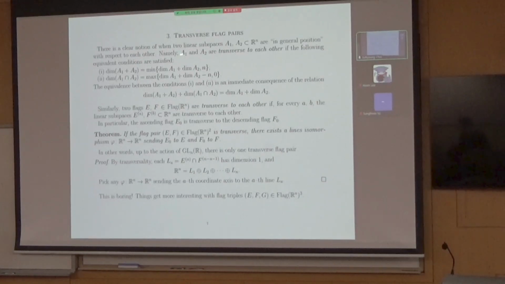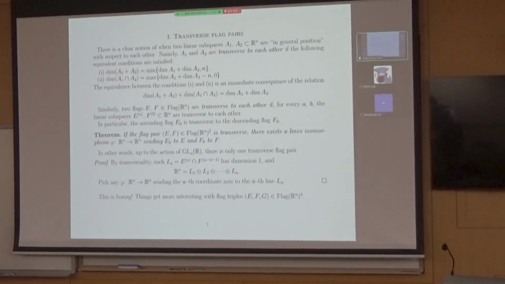So, given two linear subspaces in Rn, they are in general position, whatever that means, precisely if they are transverse to each other, so that's the natural condition. And transverse means that they're in generic position. So in particular, they take as much space as possible.